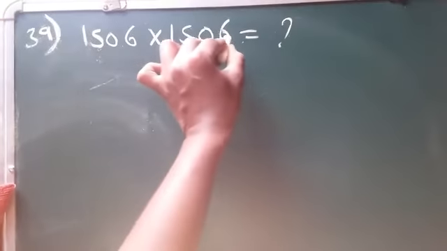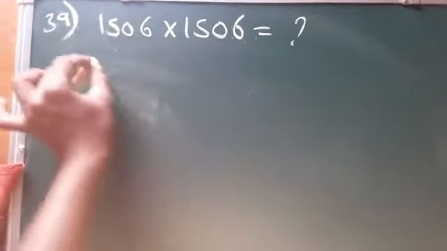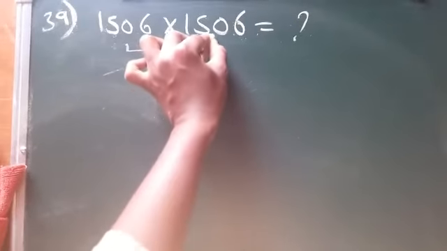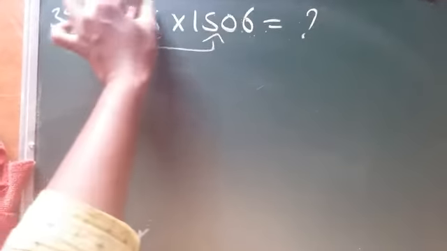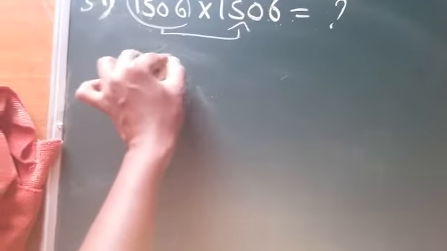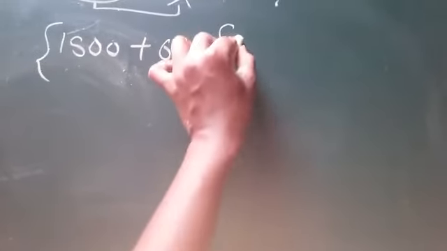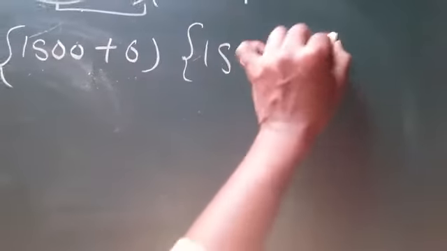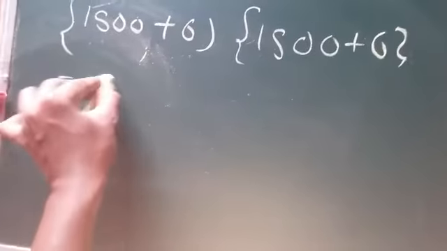See the problem on the concept of the previous problem. 1506 into 1506, that is equal to how much? See here, both multiplicands are the same, and we can write the multiplicand as 1500 plus 6, right? 1500 plus 6 is 1506. So if you replace this, it will become 1500 plus 6 whole square.